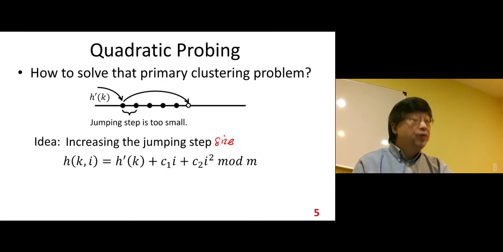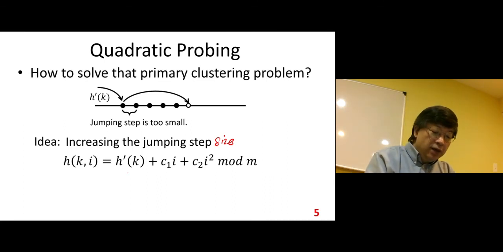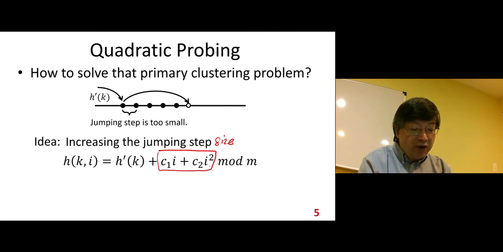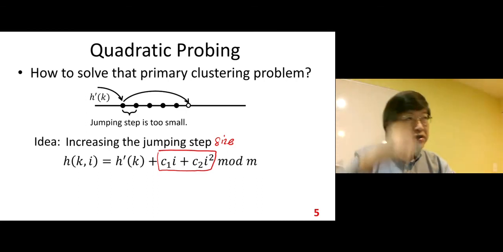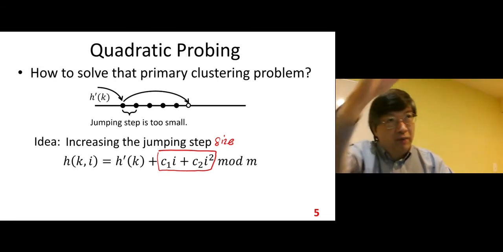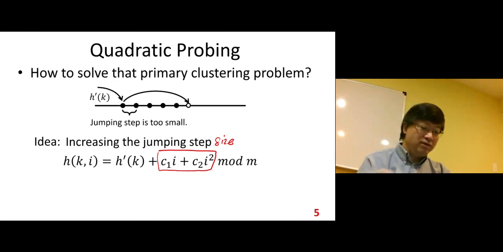How do we increase the step size? This time we use a quadratic function. We know a quadratic function increases faster than a linear function, so the quadratic function helps us to jump faster. That's simple.